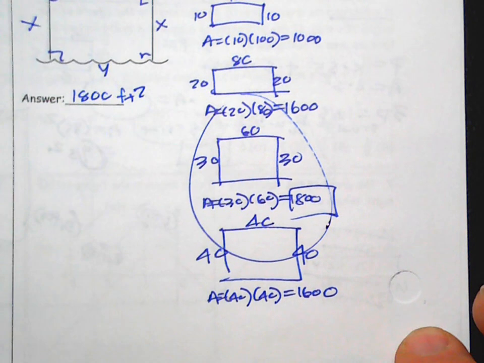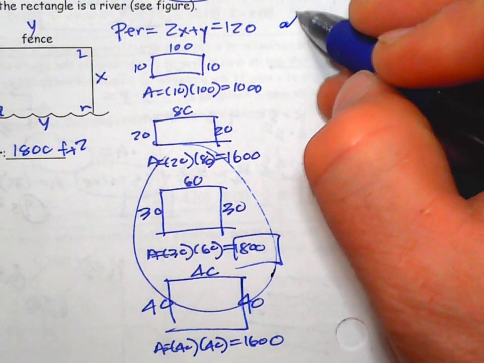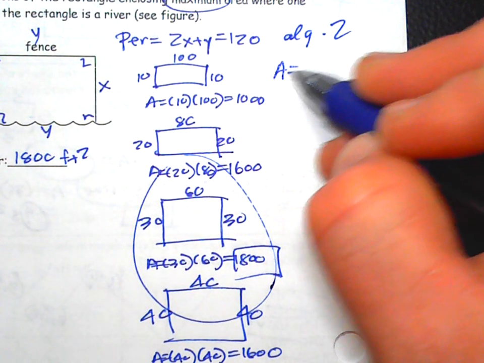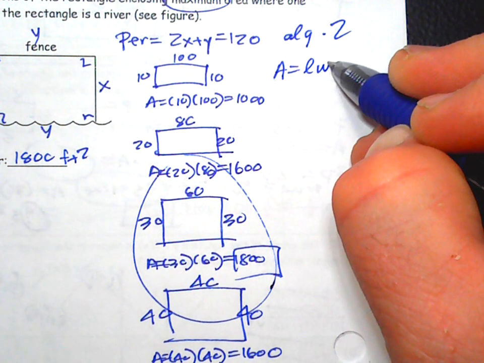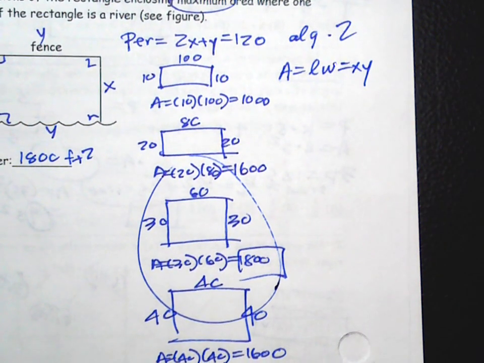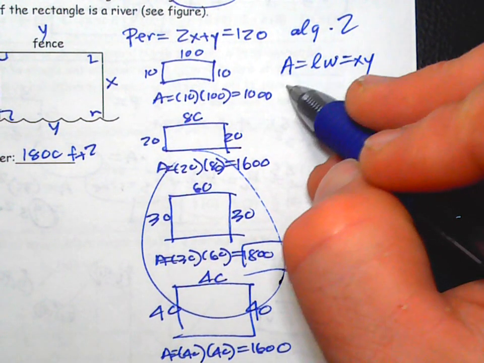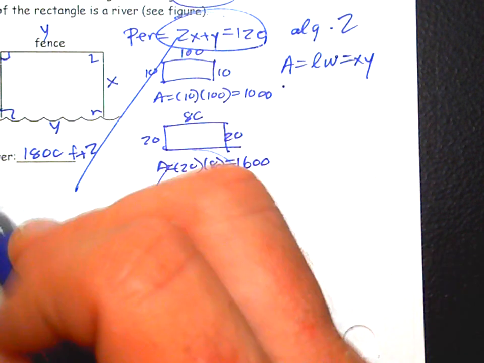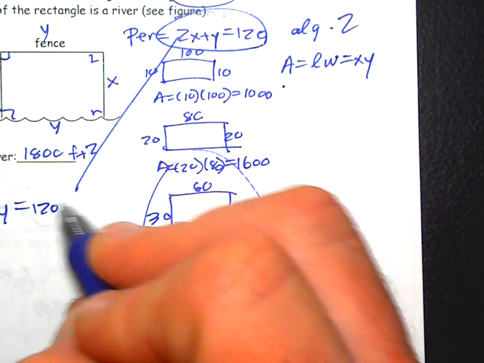In Algebra 2, we might have used an approach to be like, well, the area is going to be length times width. In my case, X times Y, if you want to use those letters. And then you could say, okay, well, let's get X or Y in terms of the other one. Let's use this restriction and say, okay, well, Y equals 120 minus 2X.